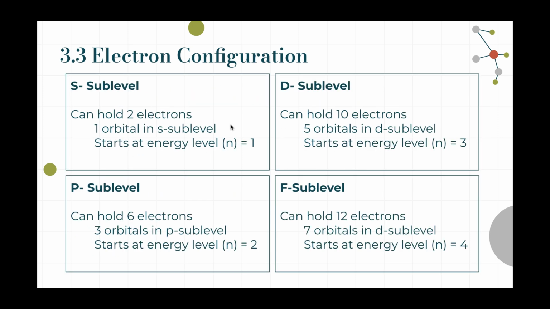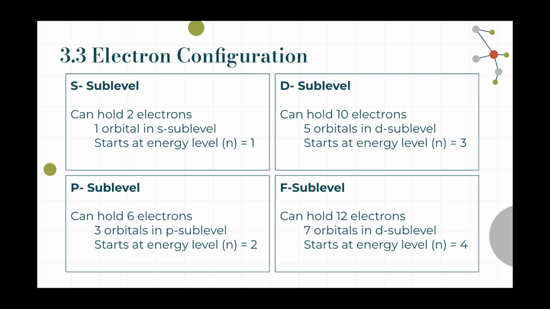So let's break down each sublevel. First, we have S, which can hold 2 electrons because it has 1 orbital. And S starts on energy level number 1. So that means that the elements, helium and hydrogen, which are on row number 1, both have S sublevel.